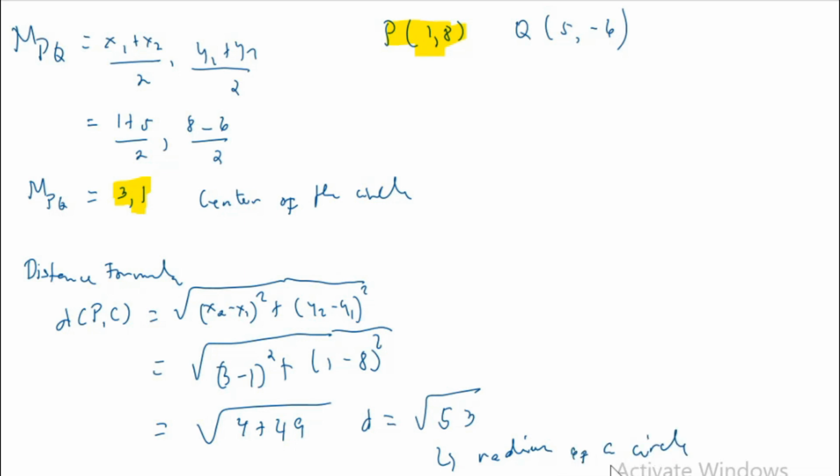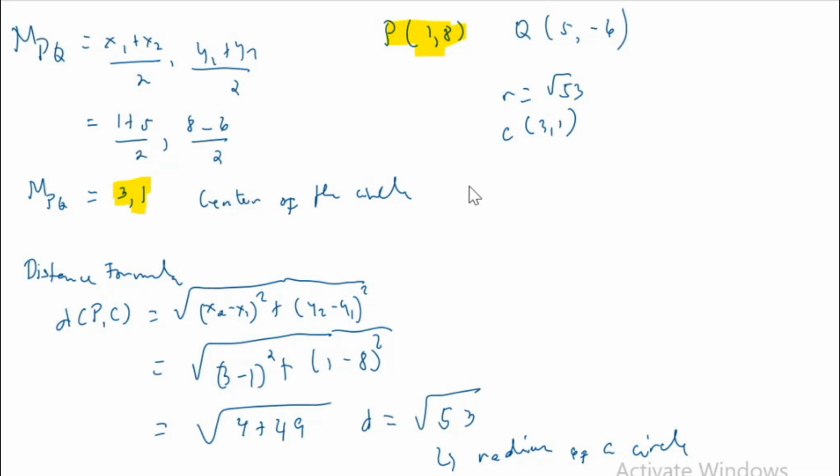It is known as the radius of the circle because we are taking the distance between the center and any point on the circle. That is why that is the value of the radius. Now we can solve for the equation of the circle given the radius. The radius is equivalent to the square root of 53, and the center has the coordinates (3, 1).